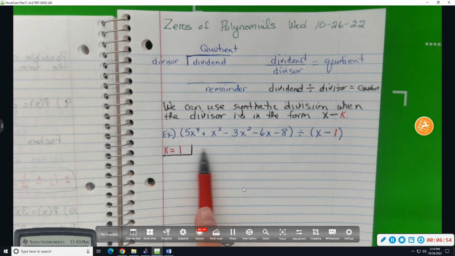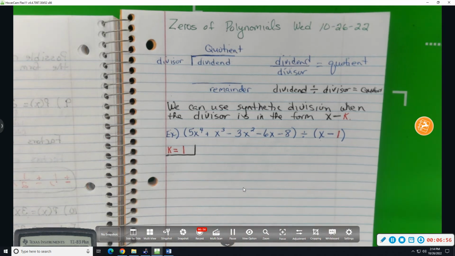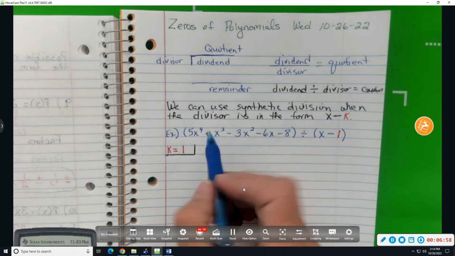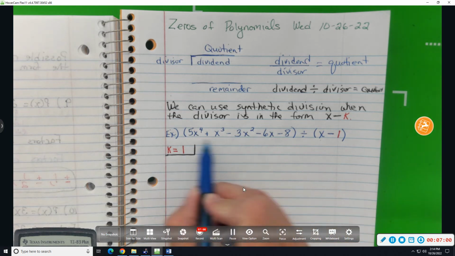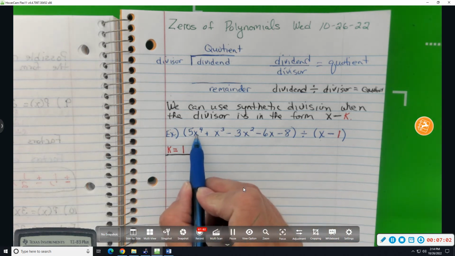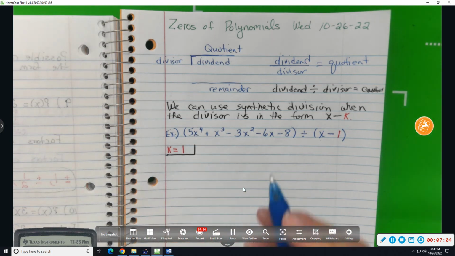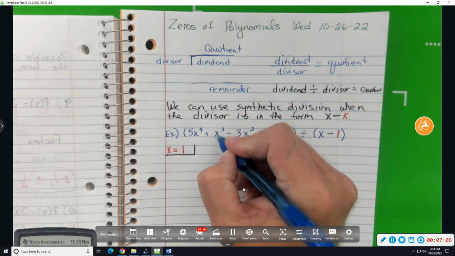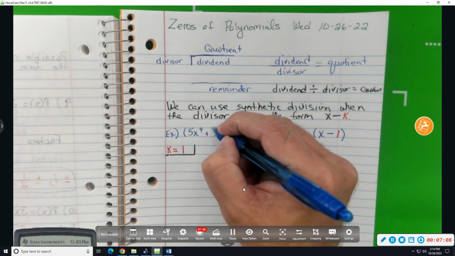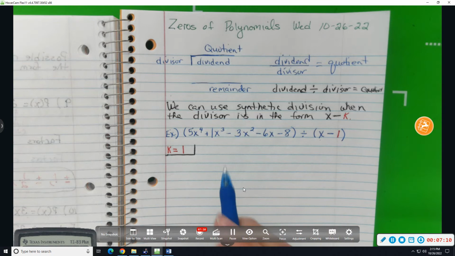Then going straight across, you're going to write just the coefficients of the dividend. Don't put the variables. All you're putting are the numbers. Don't forget that right here on x to the 3rd, there's a coefficient of 1 there.